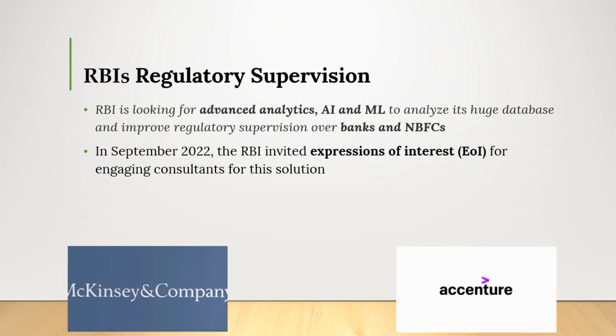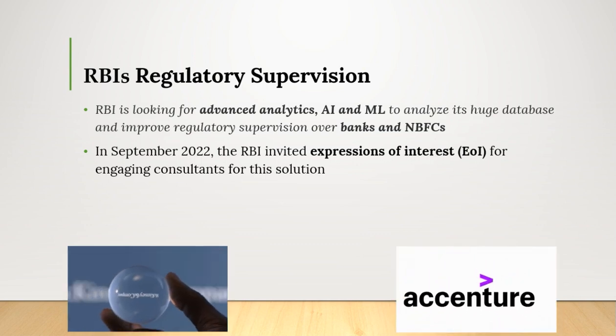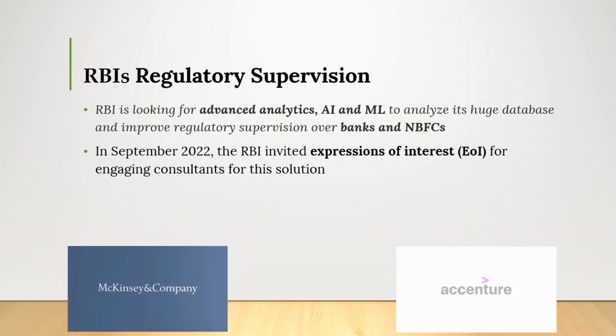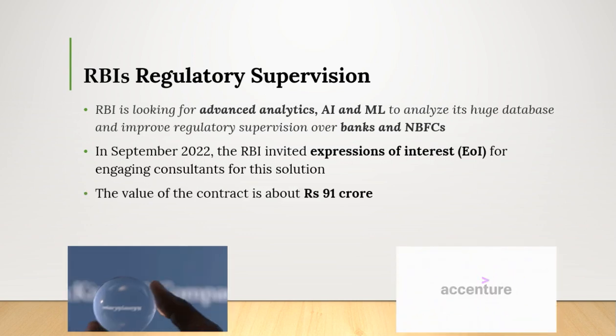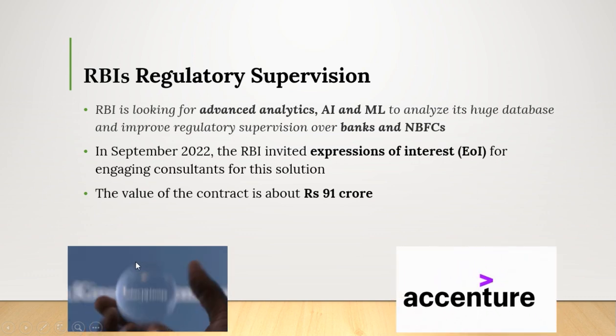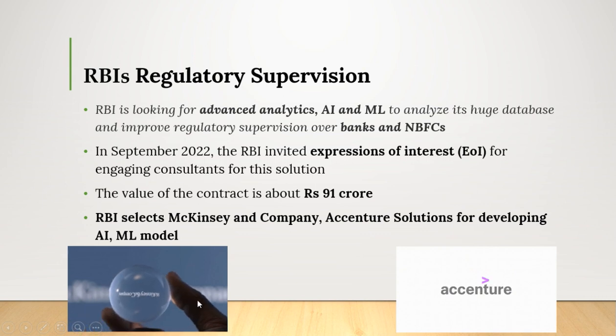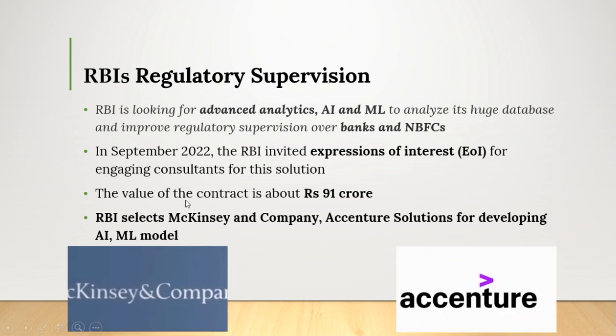Expression of interest means that if any company would like to do this project, this model of advanced analytics, AI and ML based models, they can apply. Around 7 companies were shortlisted, and among them 2 companies were finally shortlisted 3 days back. The companies are McKinsey and Company, and another one is Accenture. The value of this contract is around 91 crore.